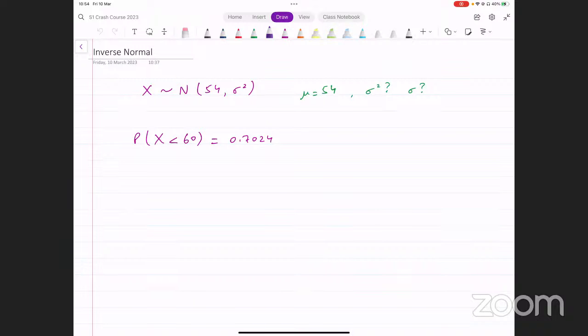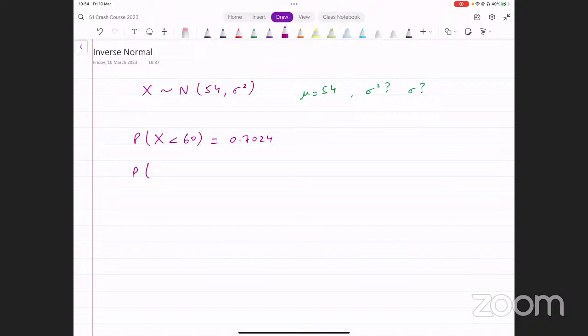Now, how do we approach this problem? First of all, we have something in this form, probability of X less than 60. That is given to be 0.7084. Now remember, we don't have X in the table, we have Z in the table. So the first thing we do is write this in terms of Z first of all.